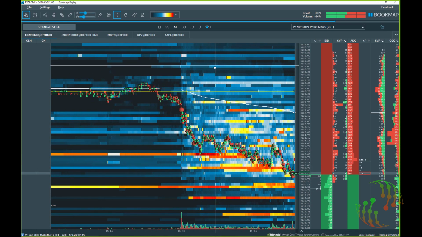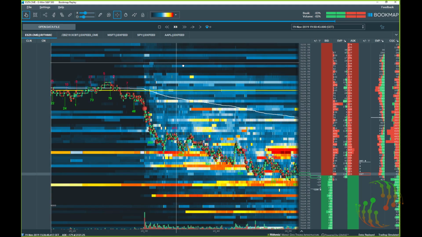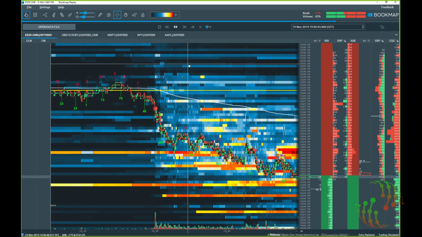It's hard. But you see here, at that point again, the ask side is dominating. Minus 13%. That means the last 10 price levels here are higher than the last price levels here.